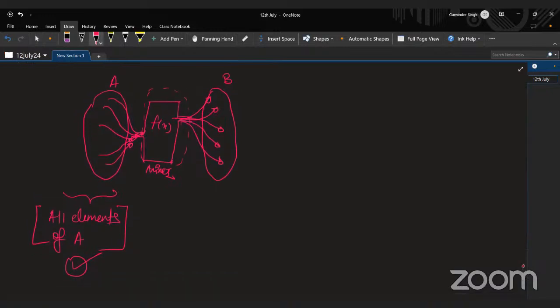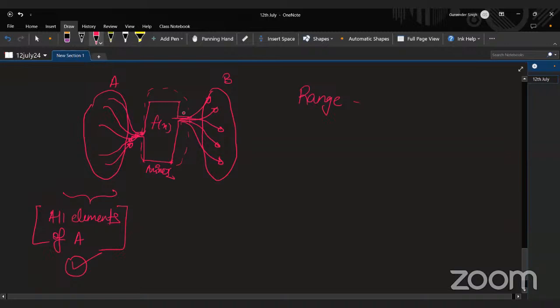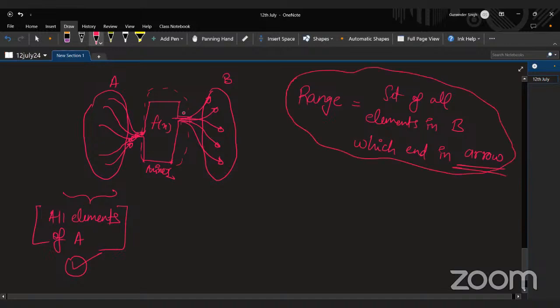Basically, the point is, like the earlier example, I had explained to you what range is. Range is the set of all elements in B which end in an arrow. Please mind it again, it is not necessary that the whole set of B will end in arrows.